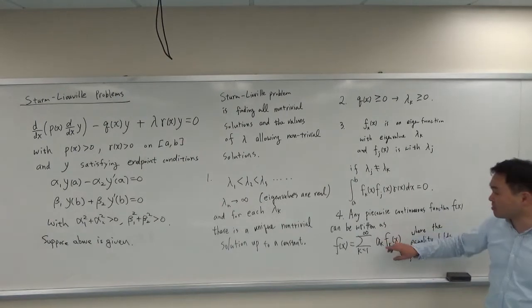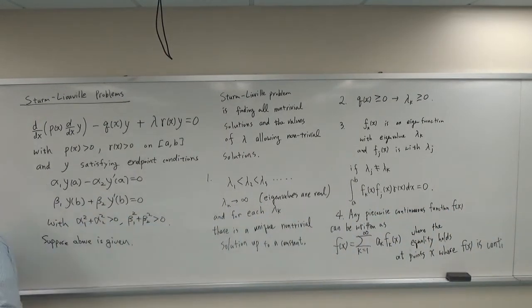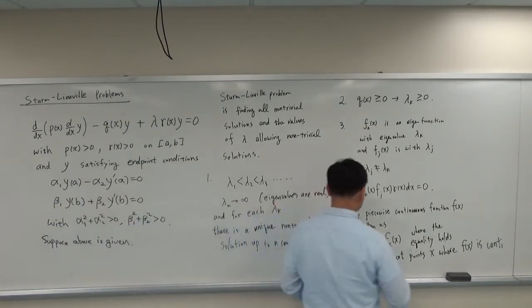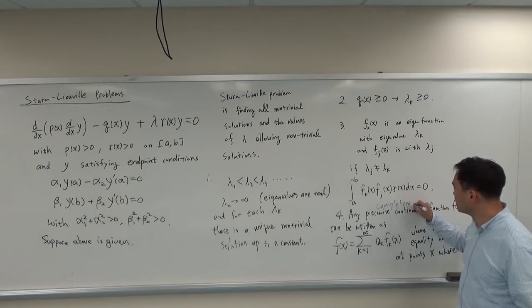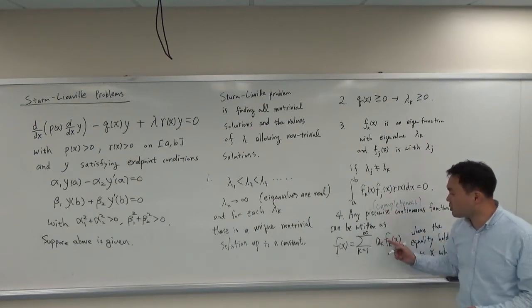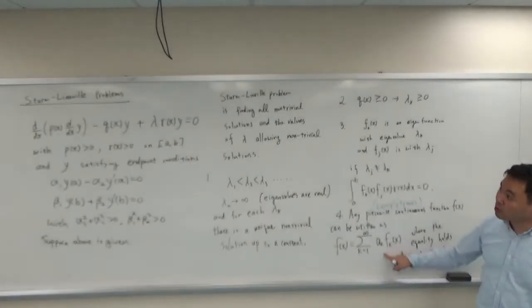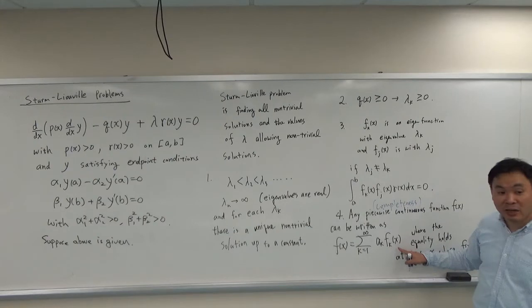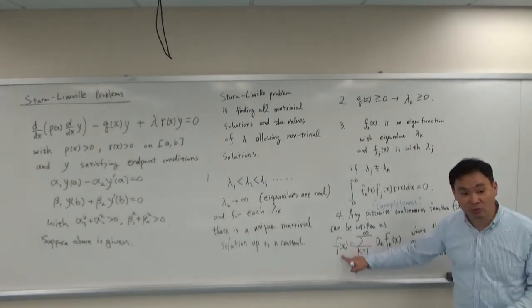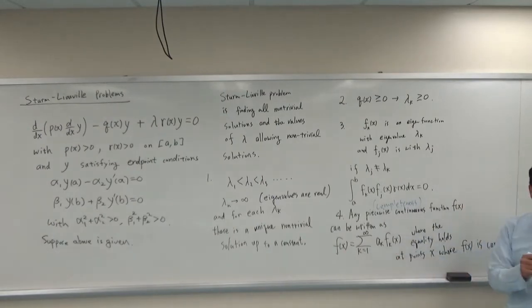If we don't have this, this is actually called completeness. Maybe I should write that. Completeness. So what it means is that these functions that come from the eigenfunctions act like basis functions for the function space, so that you can represent any function as sums of these things.